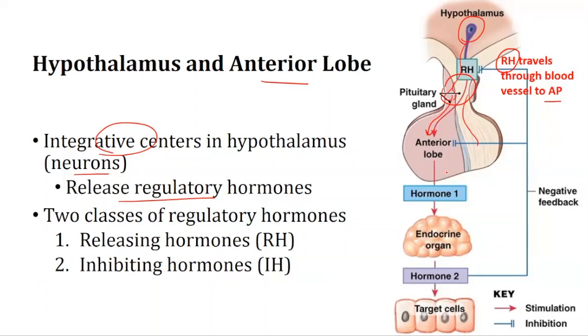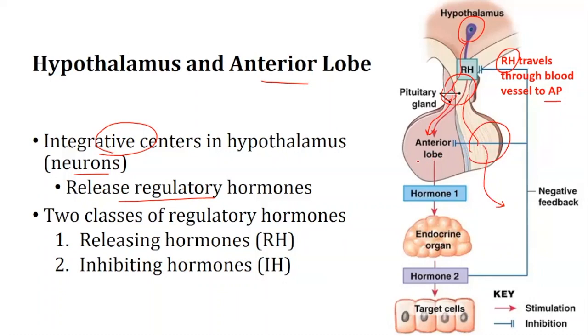This is very different from the posterior lobe, because for the posterior lobe, we've seen that oxytocin and vasopressin are produced in the hypothalamus, and they don't stimulate any production in the posterior lobe, right? They go directly to the target cells.